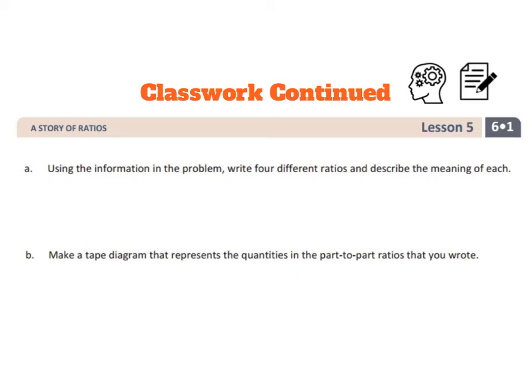Yeah. Okay. So you've got this all on page 43 in your student book. Now I'm looking at this slide, but you've got it all on one page. Using the info in the problem, write 4 different ratios and describe the meaning of each. We just said, we've got the 5 to 7, and that was cars to trucks, part to part. And then I could reverse that and go 7 to 5, and that's trucks to cars.